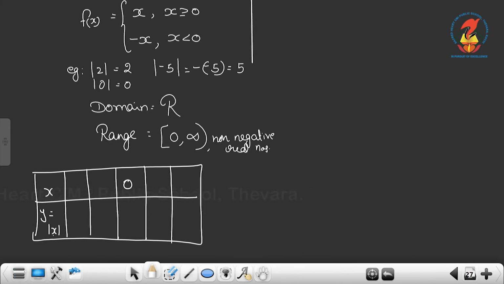So when x is 0, put x here. So mod 0, what is mod 0? 0. When x is 1, mod 1 is equal to 1. When x is 2, mod 2 is equal to 2. Then minus 1, what is the modulus of minus 1? Multiply by minus sign, so you get 1. Then modulus of minus 2, multiply by minus, you will get 2.